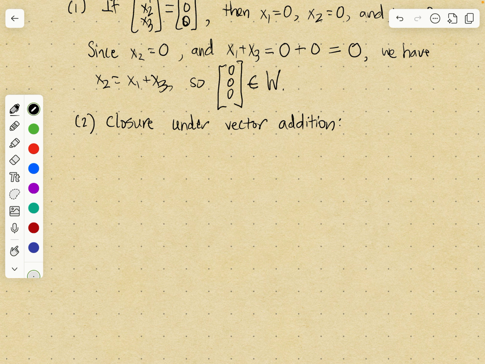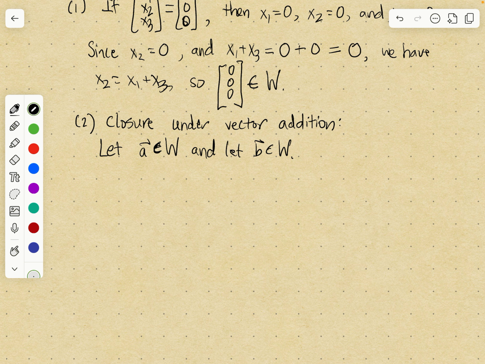So how that works is this. I'm assuming that if you're watching this, you're new to writing proofs, but the first sentence should be: let A be an element of W, and let B be an element of W. Of course, they don't have to be A and B. They could be U and V, X and Y, V1 and V2, anything.